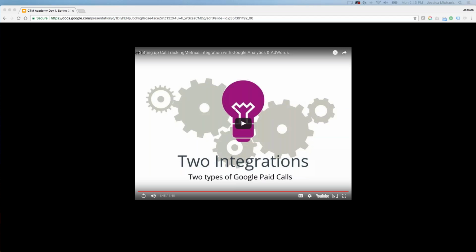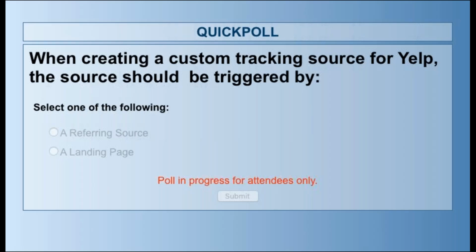All right, here's another one. When creating a custom source for Yelp, the source trigger should be by referring or landing page. All right, seeing some good numbers here.